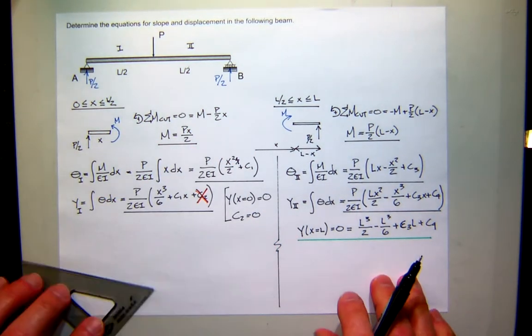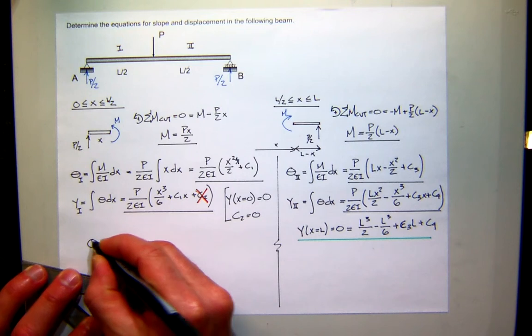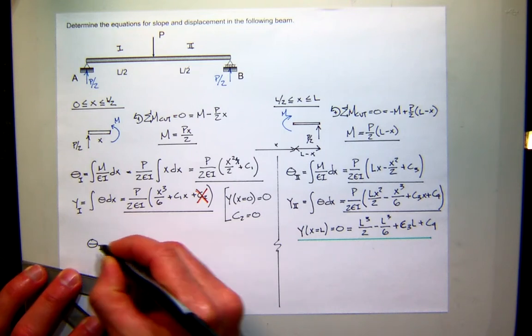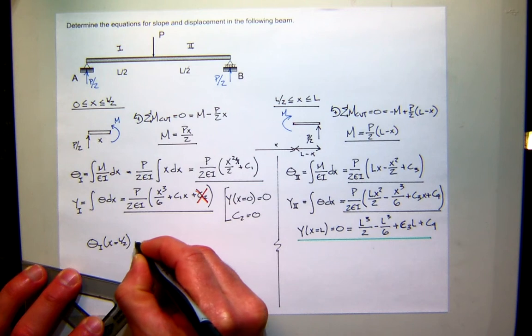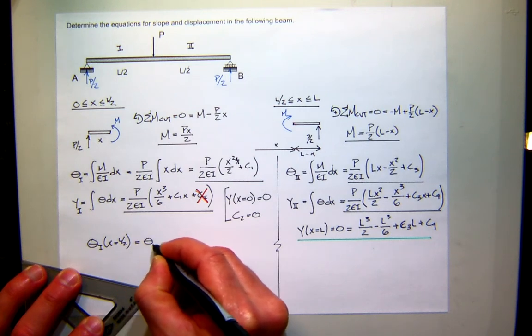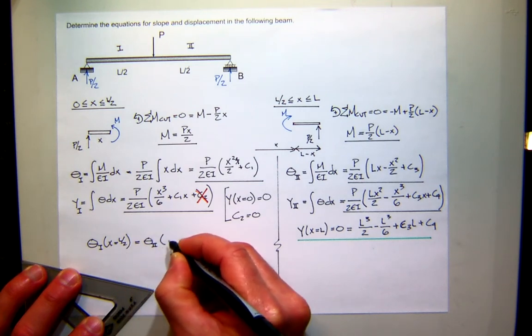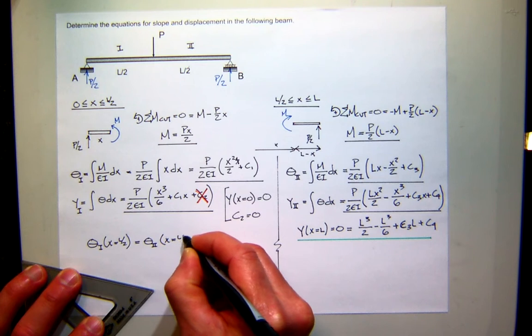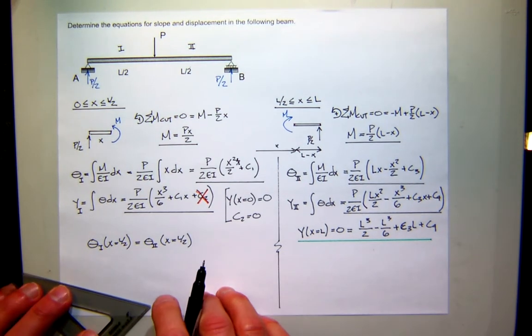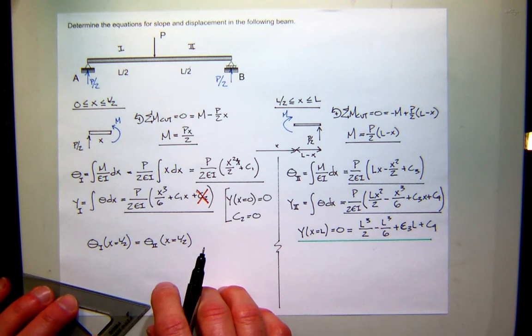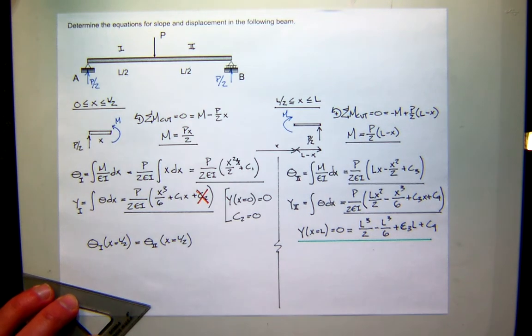So the slope from equation 1 at x equal L over 2 has to equal the slope from equation 2 at x equal L over 2. You see that? Continuity of slope.